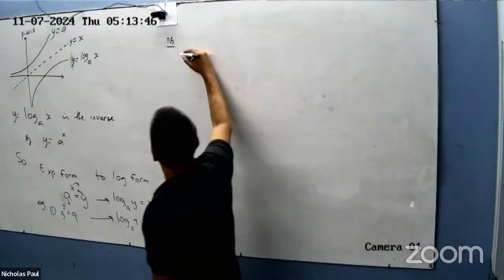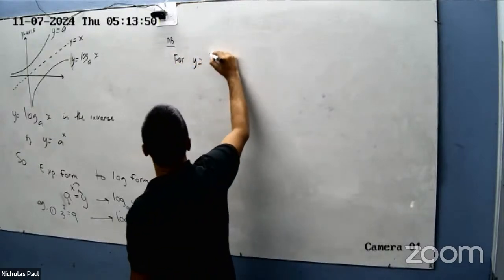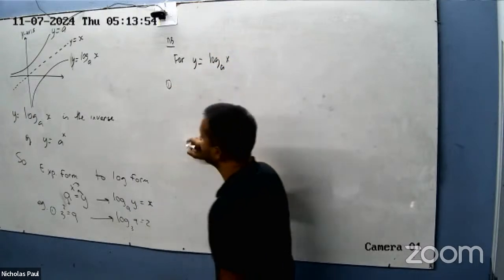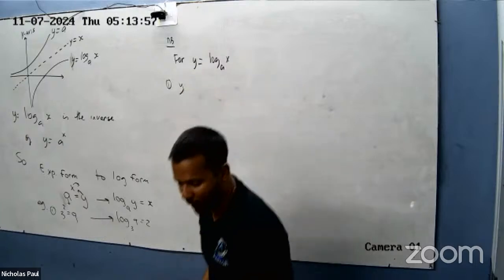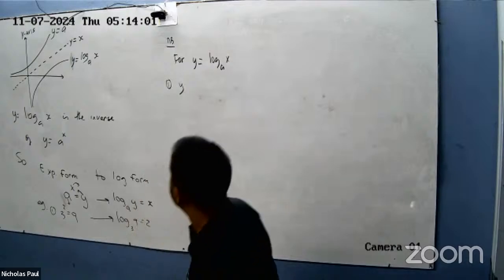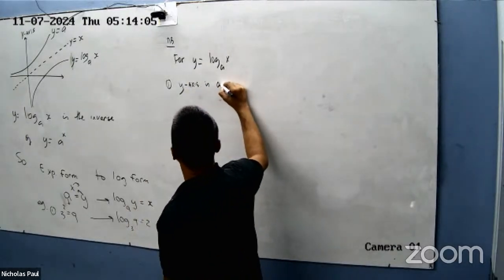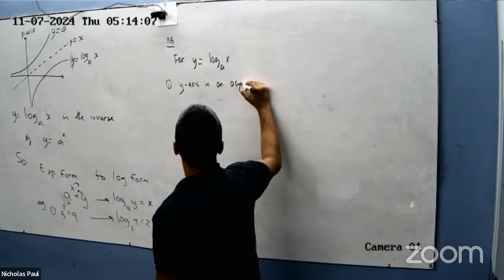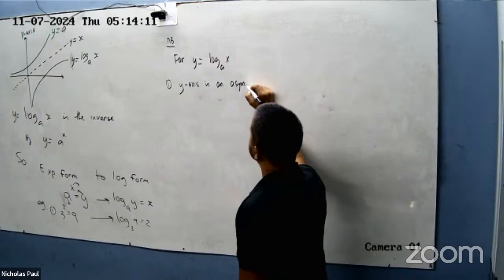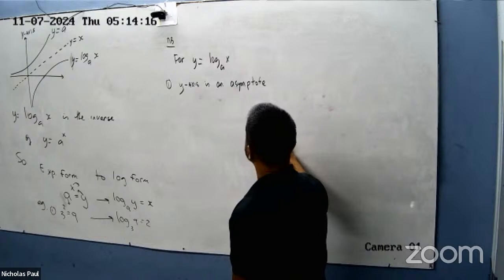Note that for y is equal to log to the base a of x, there are two things I want you to note. Number one, the y-axis is an asymptote. Let me spell that.